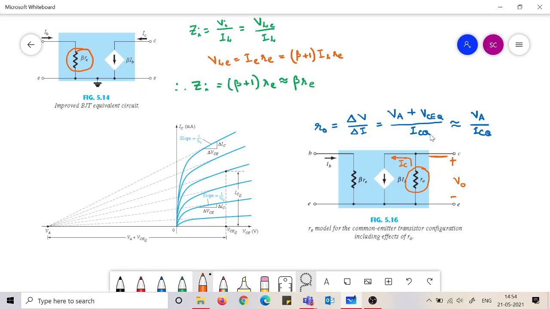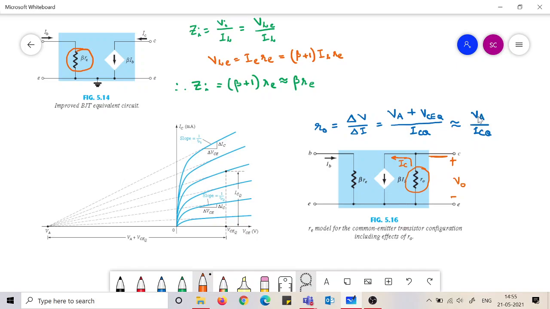Now another interesting approximation has been made, which is that since VCE is very much less than VA, we can approximate the numerator as VA only. So no matter what the Q point is, RO simply depends on IC, the output current, that's all.